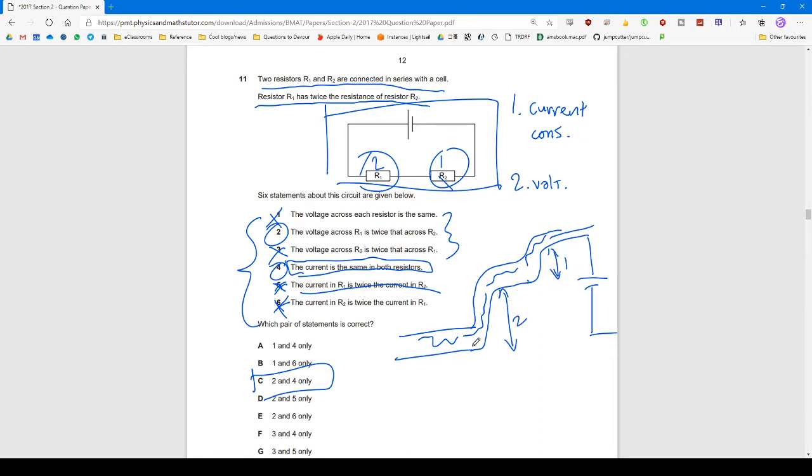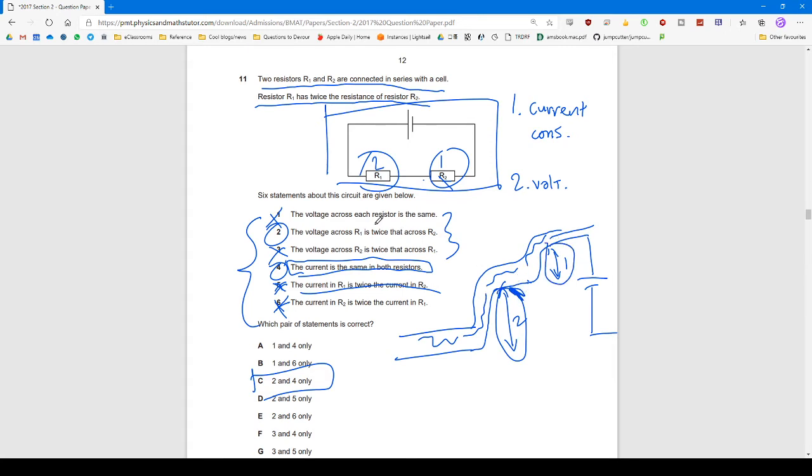The rate of flow of electrons in the river will be constant throughout the whole river, right? So that's why it's constant throughout both resistors. But it takes twice the amount of energy for the river to get up this hill than this hill, the bigger resistor.